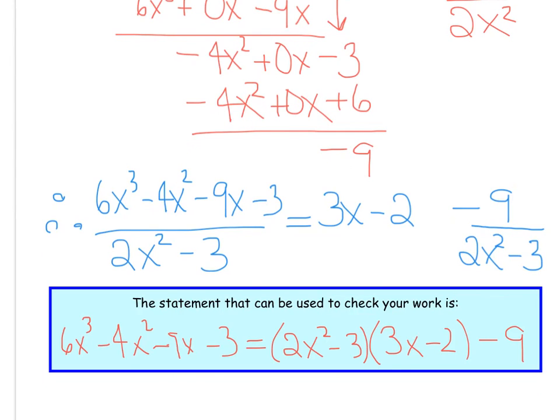So if you actually expanded out the right side of this, it should actually equal the original dividend. Now, that is the process of long division.